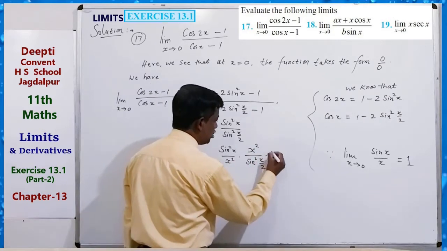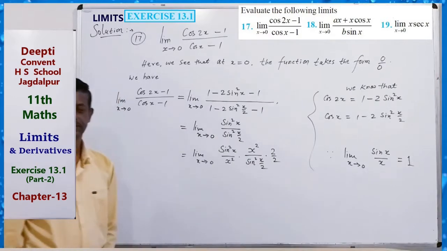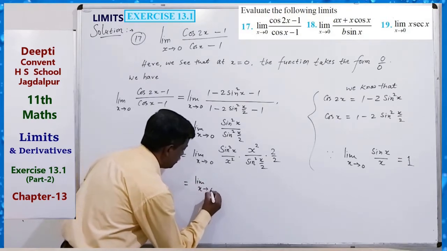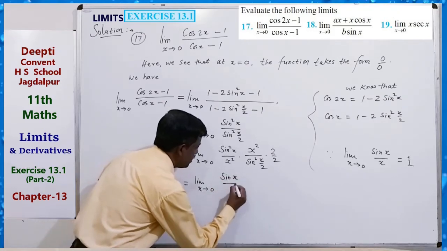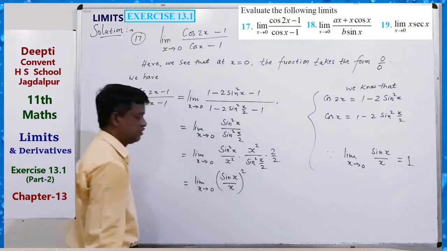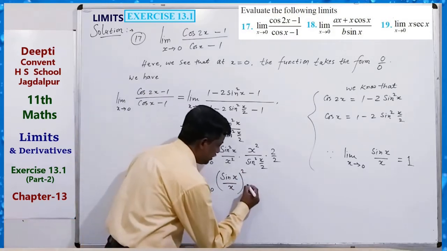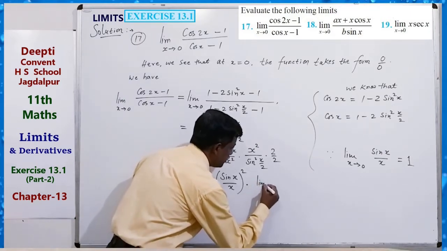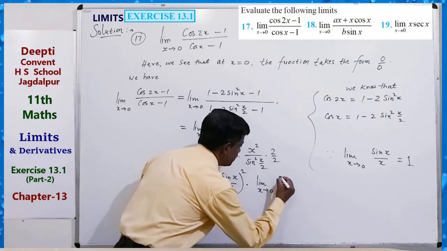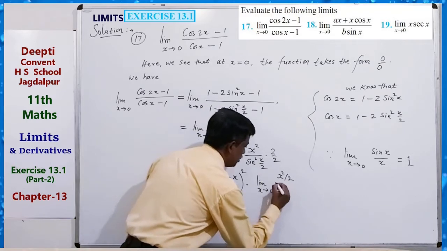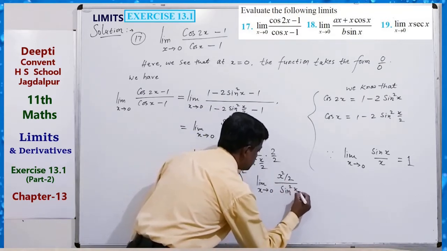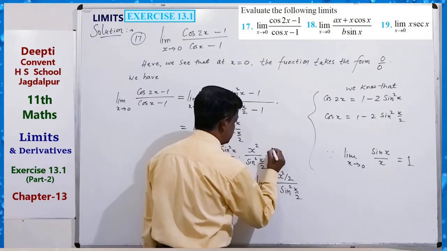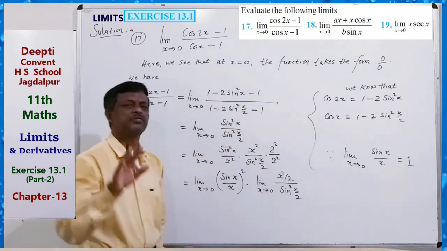We can write it as limit as x tends to 0 of x square by 2 square upon sin square x by 2, with 2 square upon 2 square multiplied in, for setting it in this form.